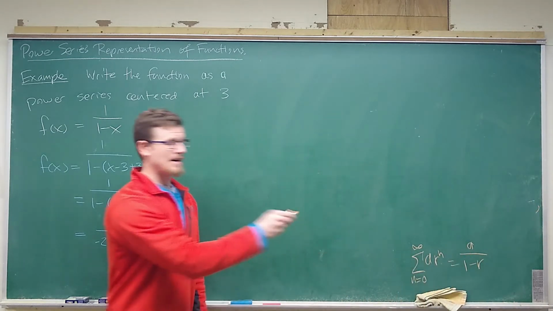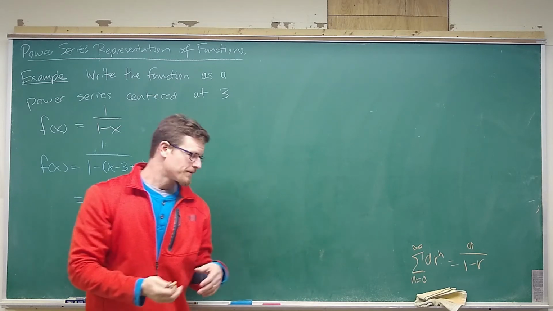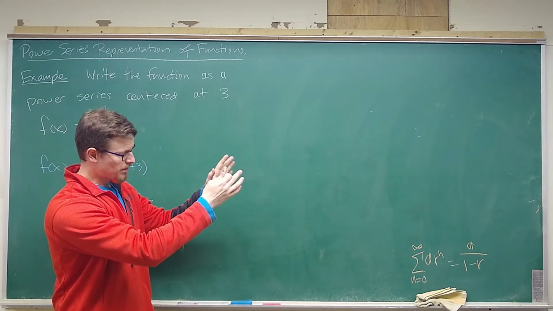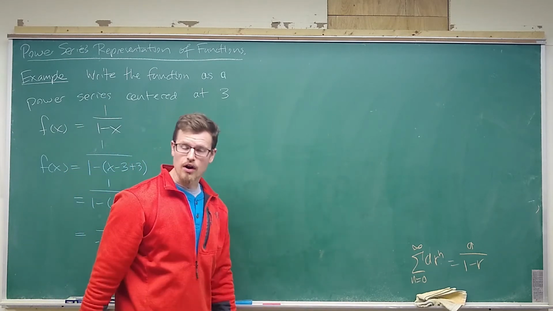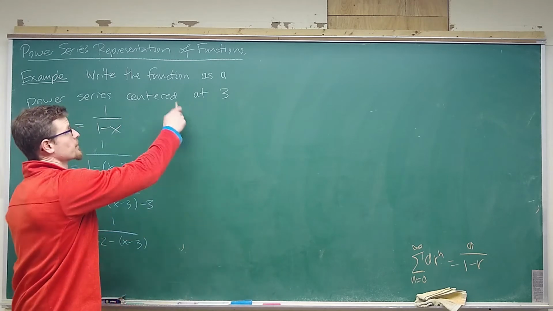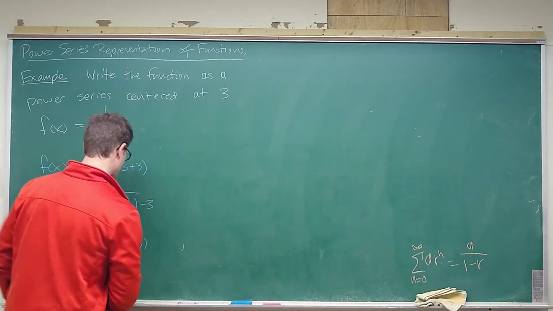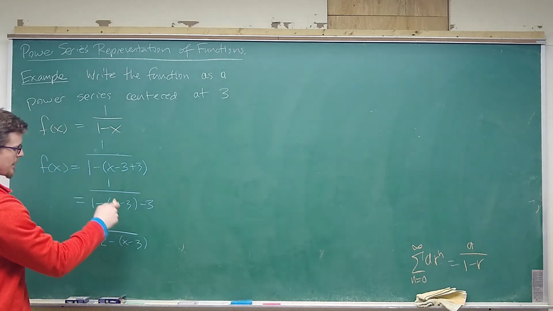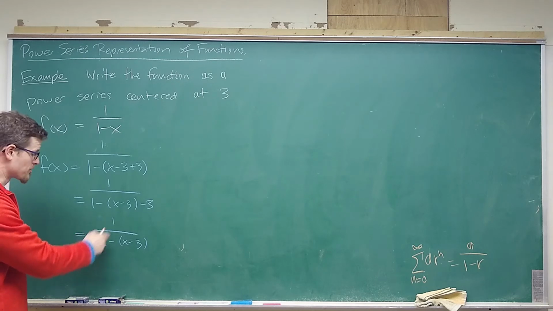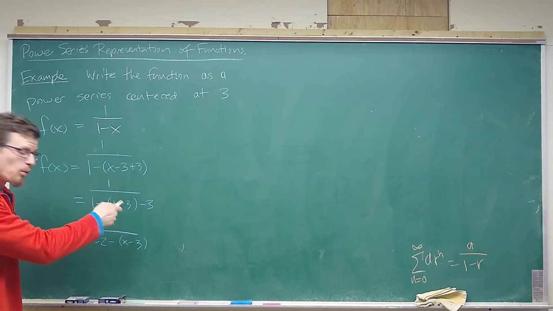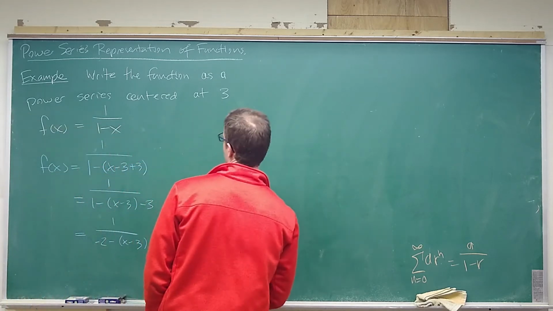So I need something in the numerator, I don't care what it is, as long as it doesn't have our x there, divided by 1 minus something that involves r. In particular, since I'm looking for it to be centered at 3, I need this r to involve x minus 3. I'm getting pretty close here. I have something in the numerator, but this value is not 1. So I'm going to multiply the numerator and denominator by a negative 1/2 to make this a positive 1.